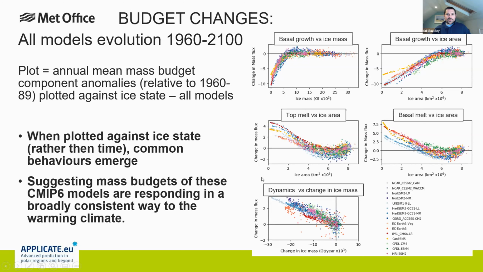And all the models are showing these behaviors, and even the dynamics, which is a bit crazy. Generally, as the ice mass decreases, the dynamical export is always changing in a fairly linear way. So this suggests to us that the mass budgets of all these models are responding in a broadly consistent way to the warming of the climate.